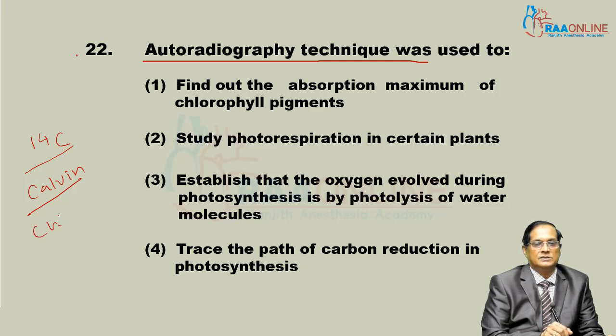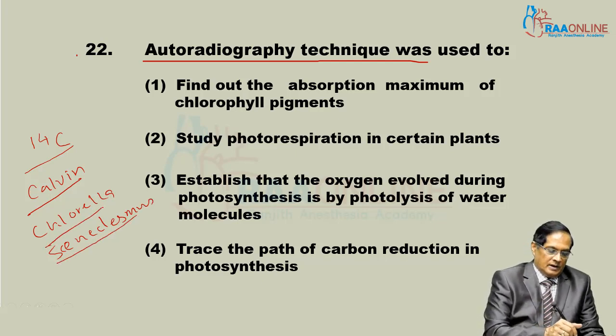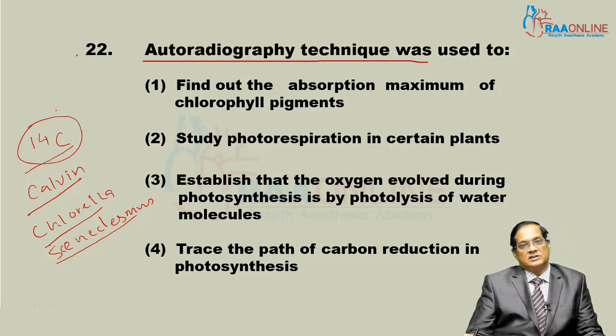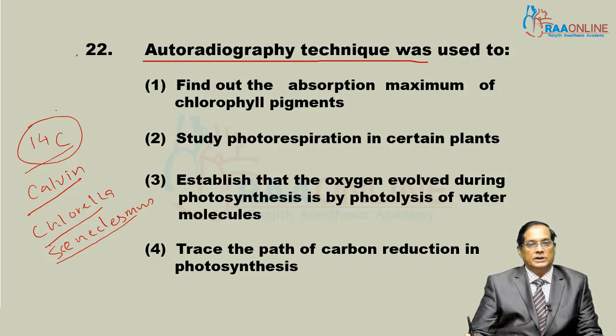Chlorella and Scenedesmus. He experimented over Chlorella and Scenedesmus, and they studied various steps of reduction of carbon dioxide during the formation of hexose sugar, and that cycle is named the Calvin cycle.